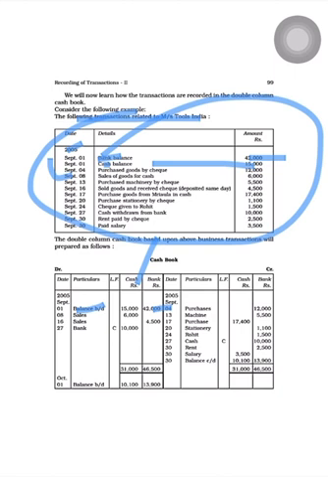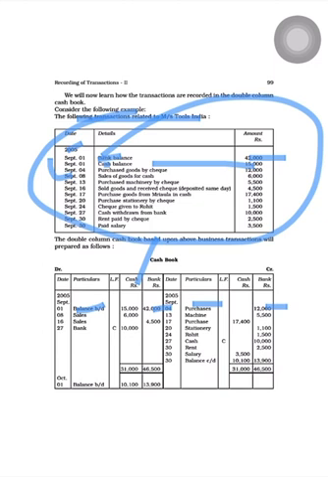In the third entry, goods purchased by check. It means we have purchased goods and made the payment by check, so it is a payment and we write it on the credit side as by purchase. We have given a check, so the amount will be deducted from the bank.